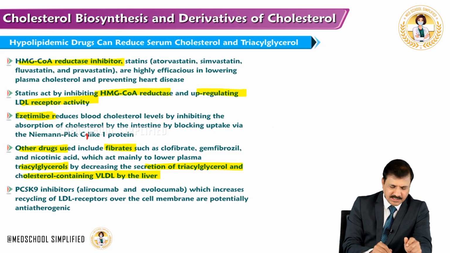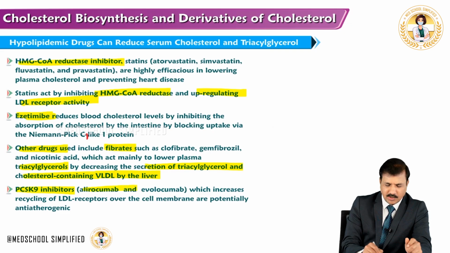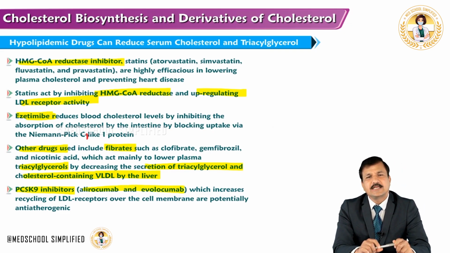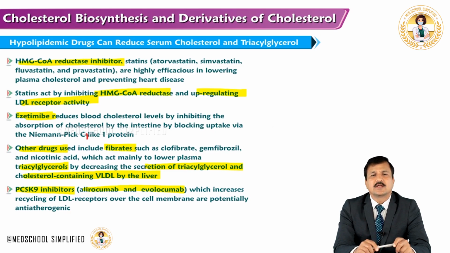Finally, we have PCSK9 inhibitors, that is alirocumab and evolocumab. These drugs increase recycling of LDL receptors over the cell membrane and thereby decrease LDLs in the circulation, potentially acting as anti-atherogenic.